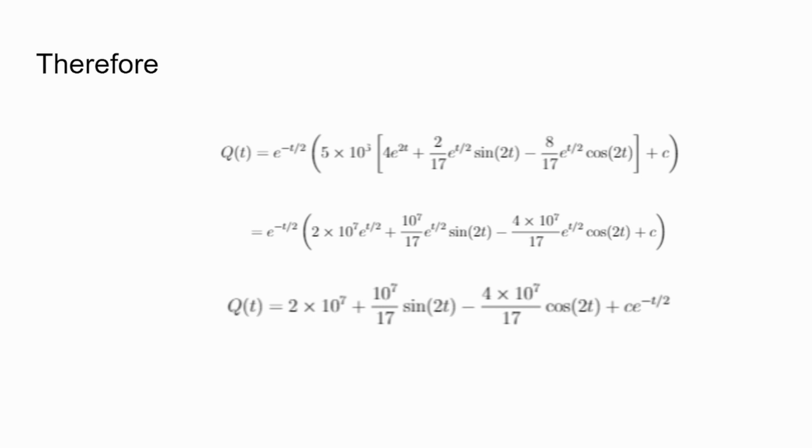And then we get Q of t is 2 times 10 to the 7 plus 10 to the 7 over 17 sine of 2t minus 4 times 10 to the 7 over 17 cosine of 2t plus c e to the negative t over 2.